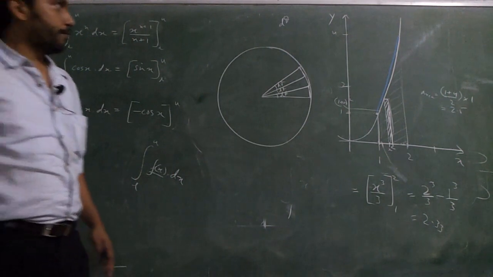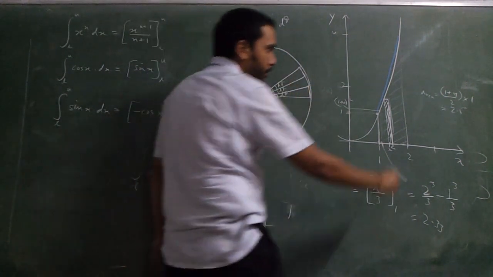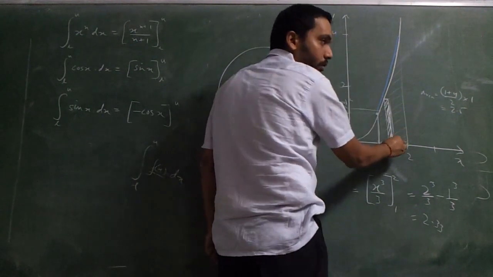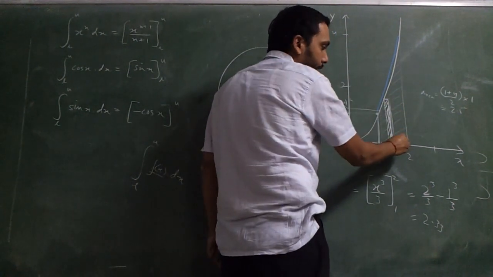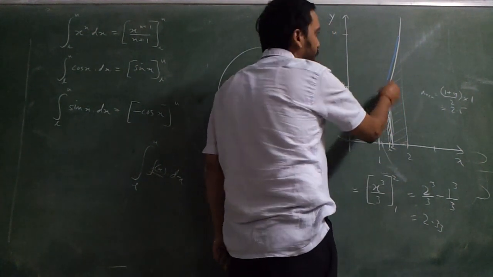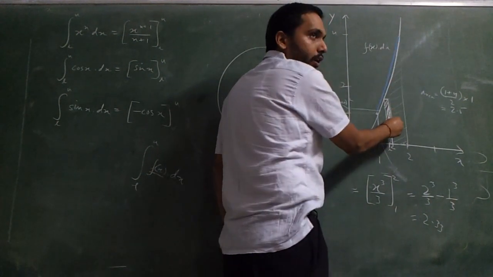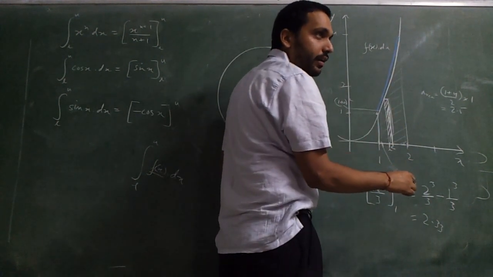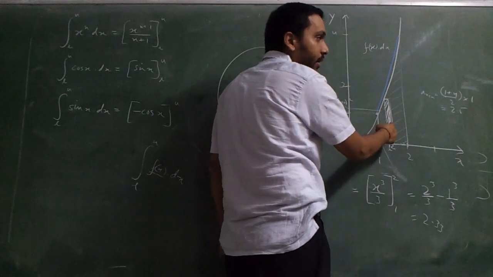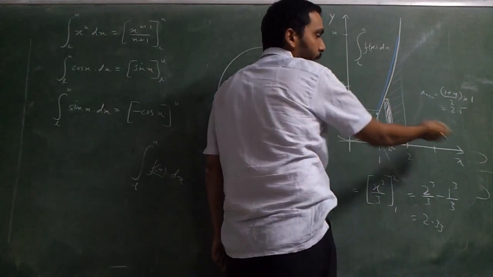So first of all, I am going to find out any random area. You found out over here, at any length x, what was the height? Fx. You wrote fx into dx as the area of any random rectangle in the middle and integrated it for all rectangles from initial limit to final limit.